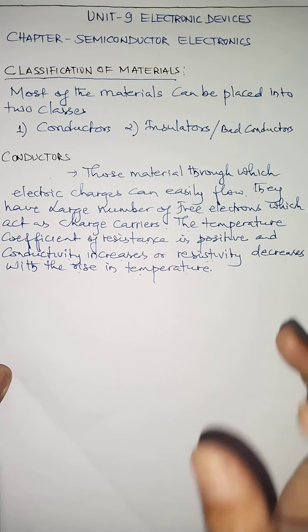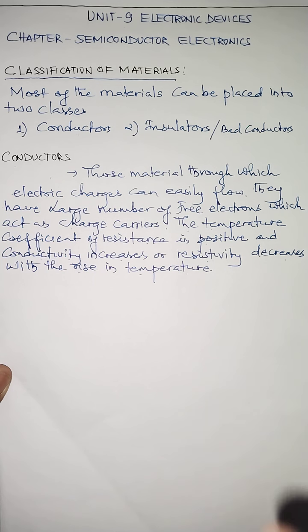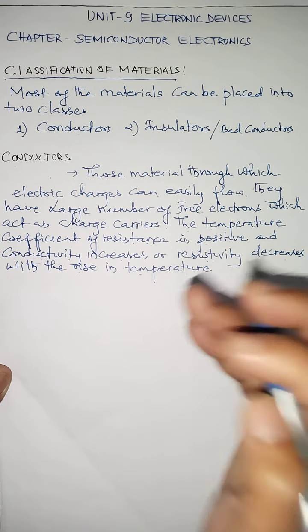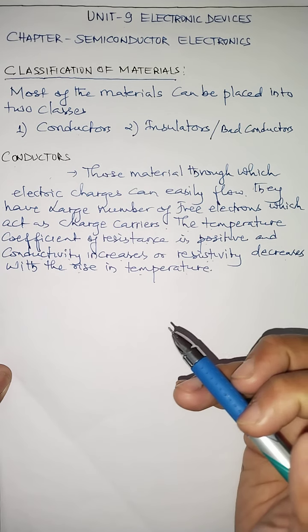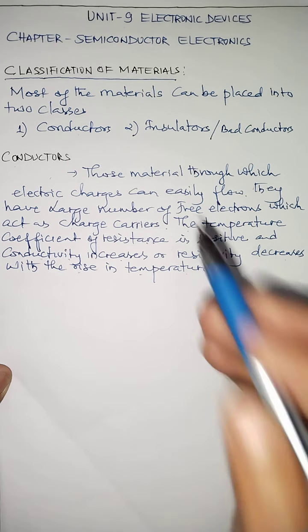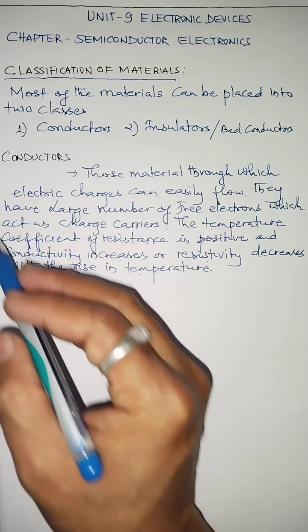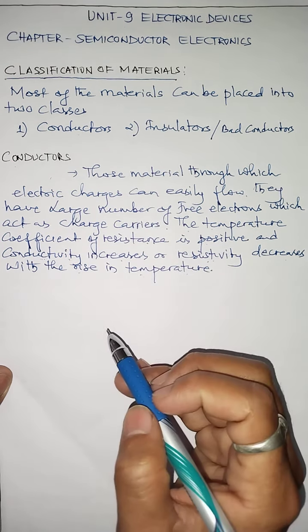Means the ability to create obstruction to the flow of charges decreases with the rise in temperature, and the ability to allow the charge to flow in the substance, that is conductivity, increases with the rise in temperature. So this is a substance like a conductor.